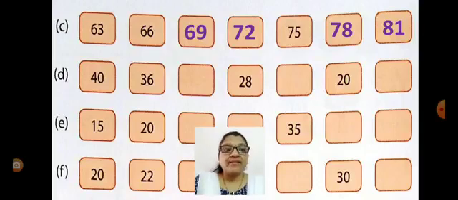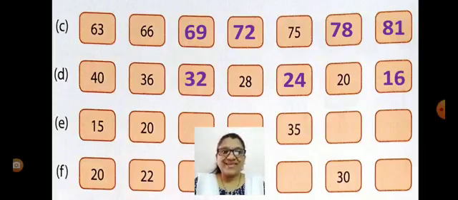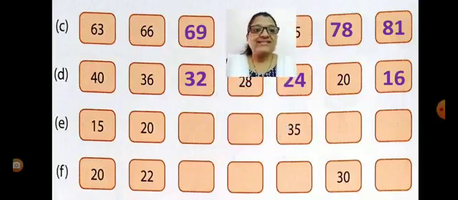So, what will be the number after 36? 36 minus 4, that is 32. 32 minus 4, 28 is already given. 28 minus 4, 24. 24 minus 4, 20. And 20 minus 4, 16. Yes. Let us see next example.